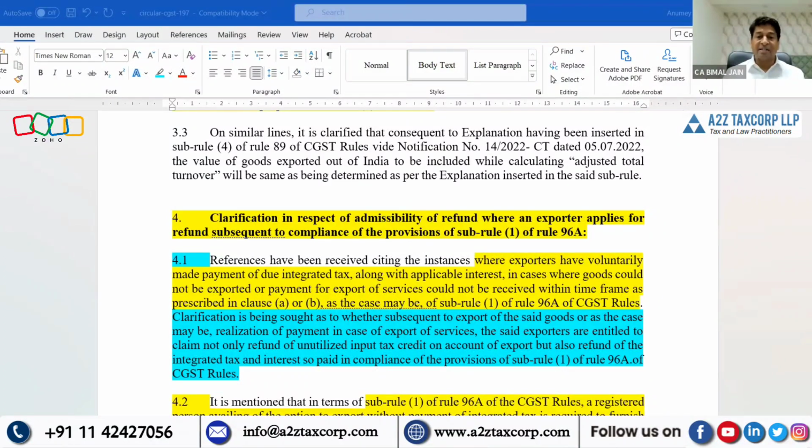What they are saying: where the exporter has voluntarily made the payment of IGST along with applicable interest in cases where goods could not be exported within the defined time period, or payment for export of services could not be received within the time frame as per RBI guidelines, as prescribed in clause A and B, as the case may be, of sub-rule 1, rule 96A.